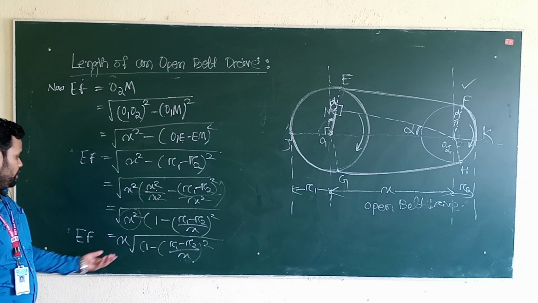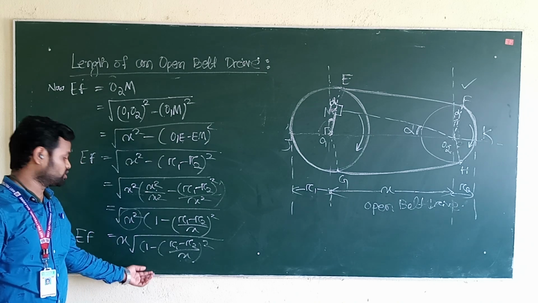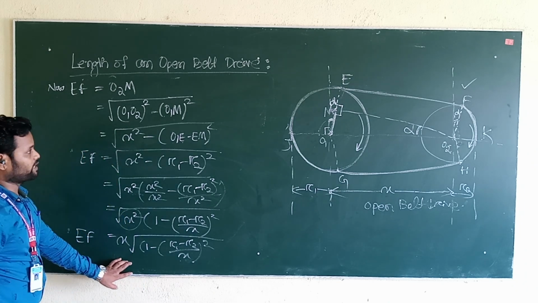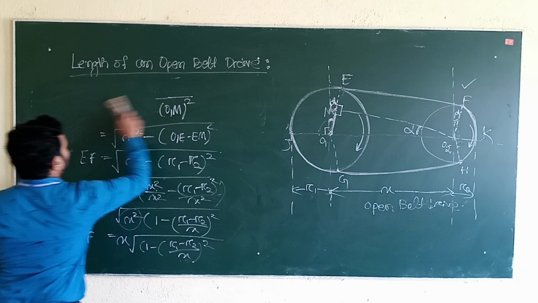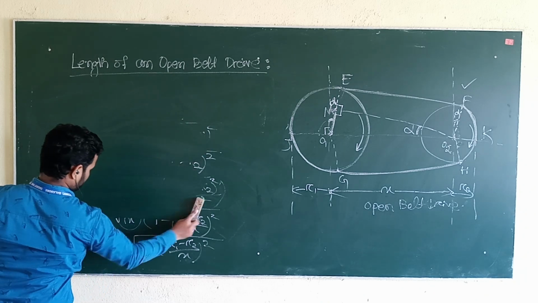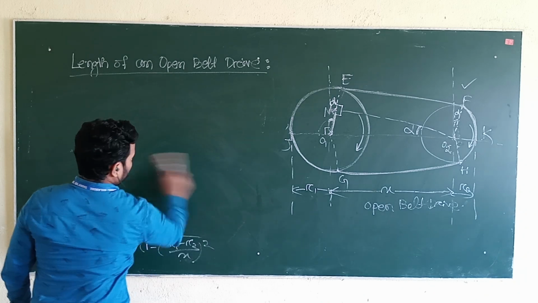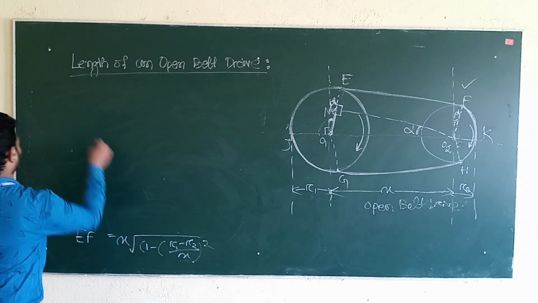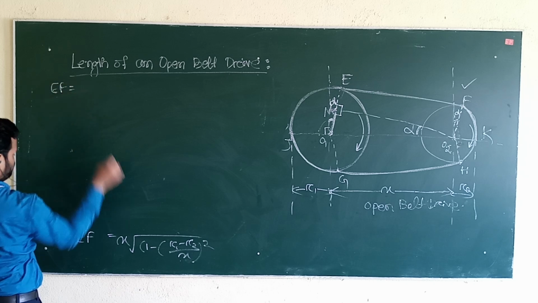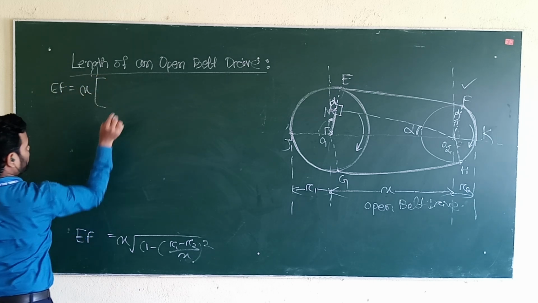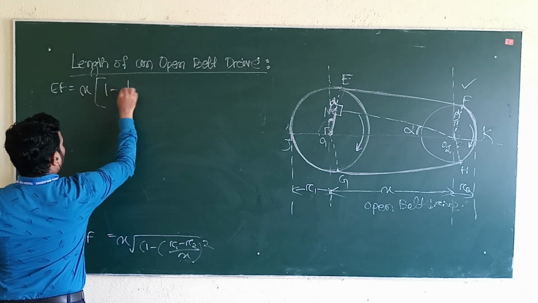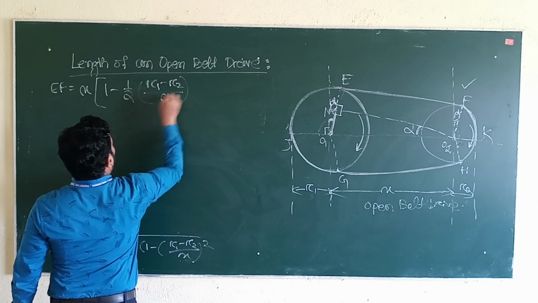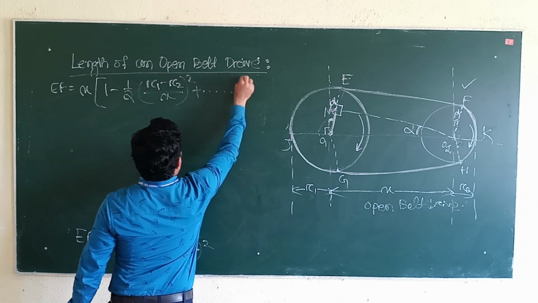Now if we expand this equation by using the binomial theorem, what will come? We will get EF equal to X times the bracket 1 minus half R1 minus R2 by X whole square plus dot dot dot.